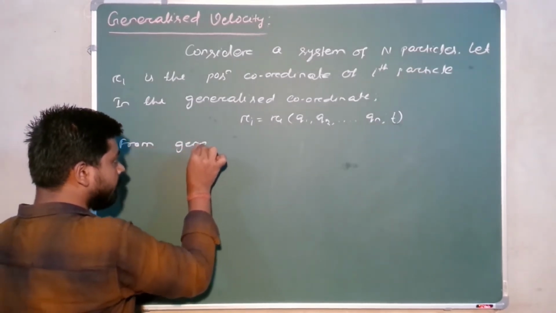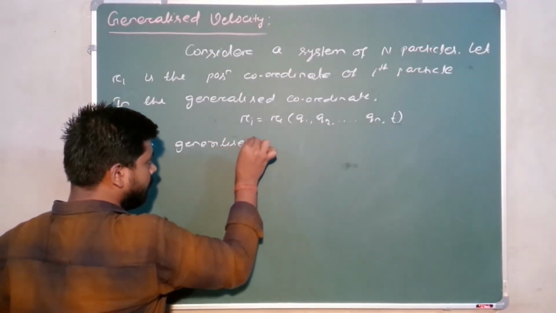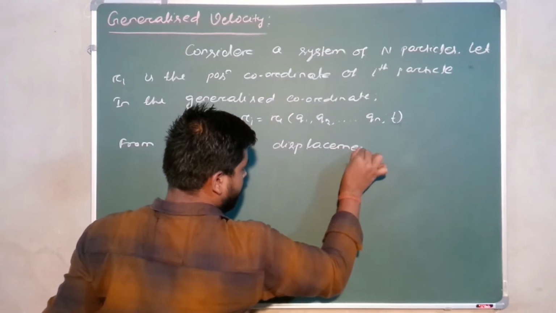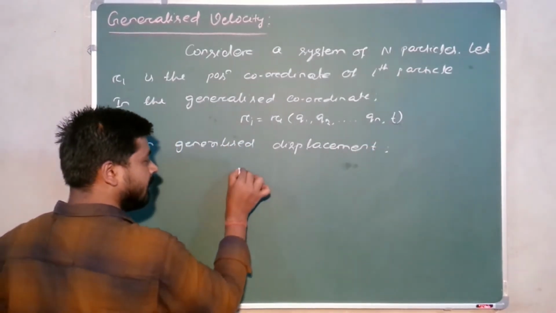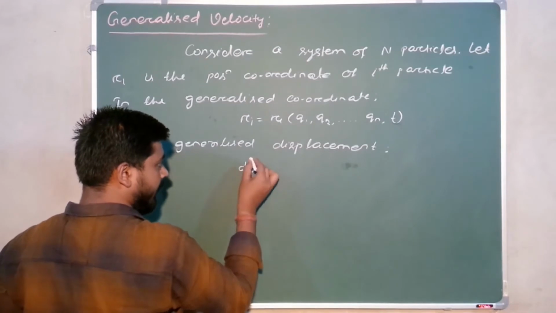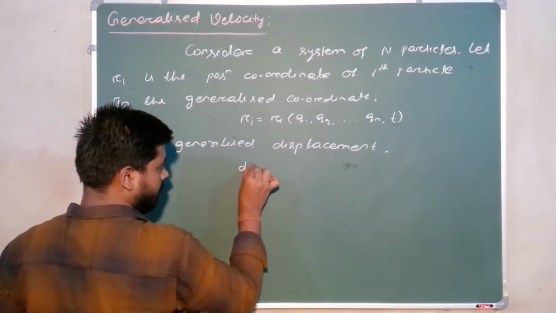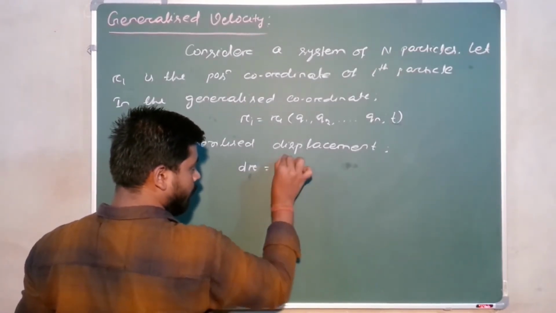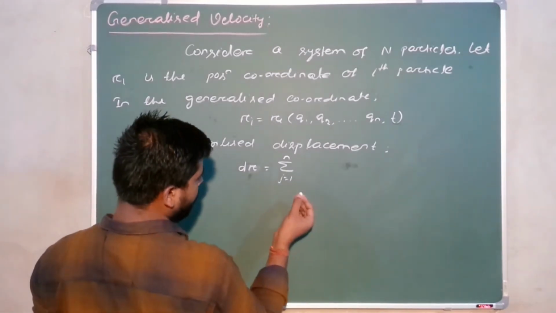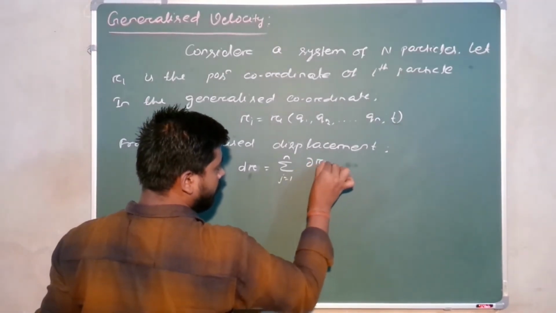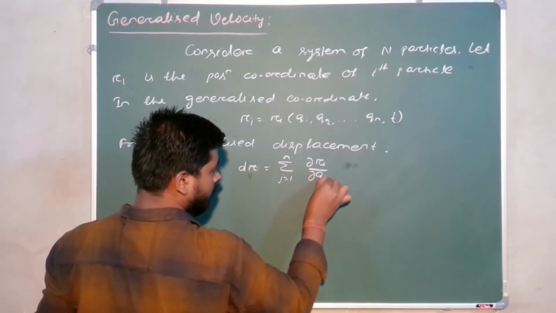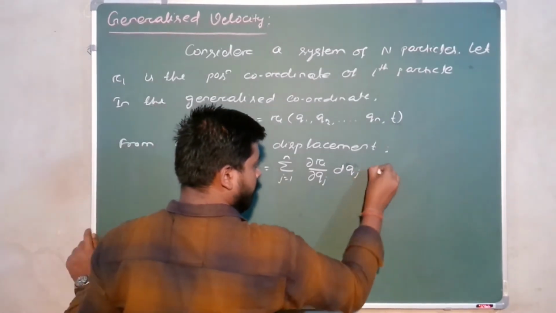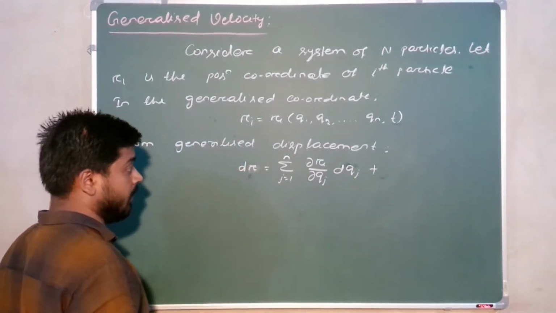From generalized displacement, we can write dRi equal to summation over j equal to 1 to n of dou Ri by dou Qj dQj, plus dou Ri by dou t into dt.